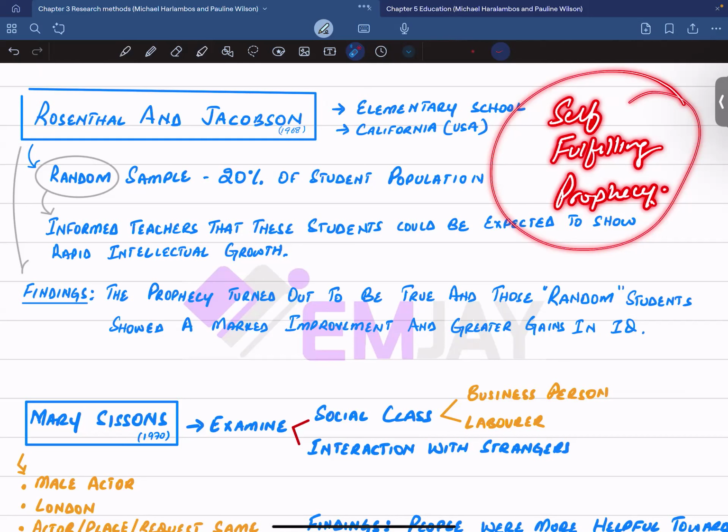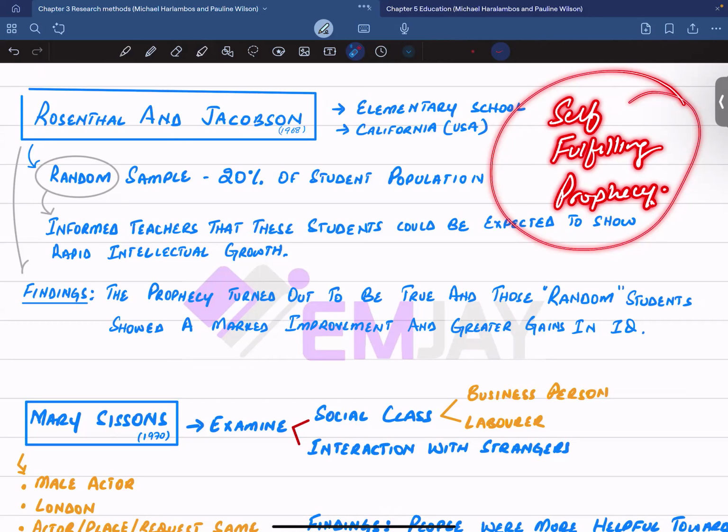that if a teacher thinks a student is bright, the teacher, while interacting with the student, might convey that message in a direct or indirect manner, which might consequently lead to the student feeling bright, putting in more effort, and succeeding, and vice versa.